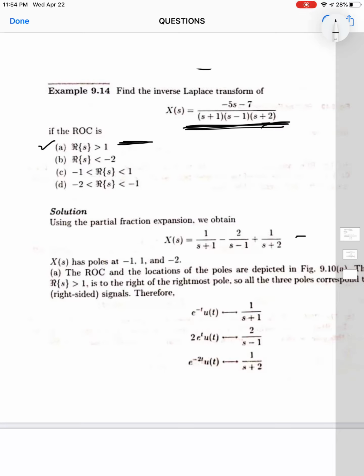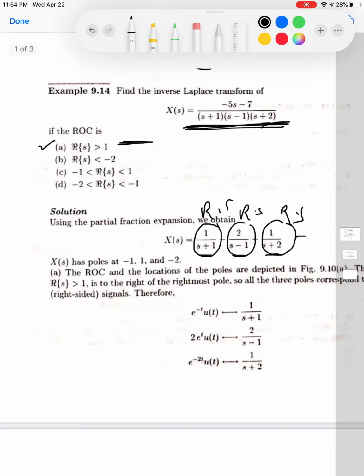It means all the terms will have the ROC in the right half plane. If the ROC exists in the right half plane, then all the terms, this term, this term, this term, will be right sided sequences.